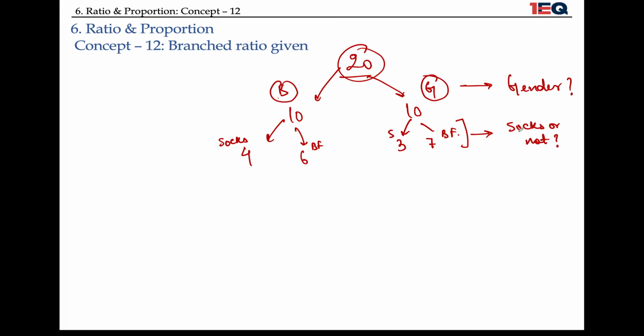So I think this really clears my point, that socks or not versus gender. When you have multiple parameters arising out of a single source, that is when you call it a branch ratio.